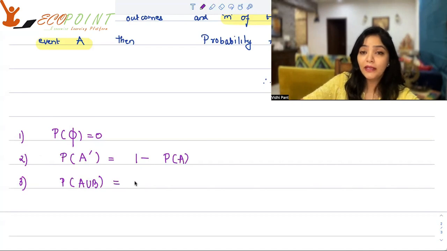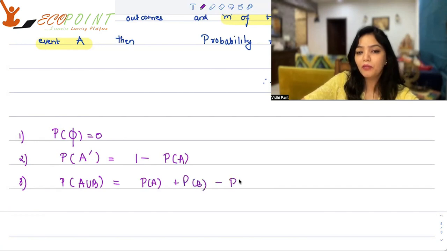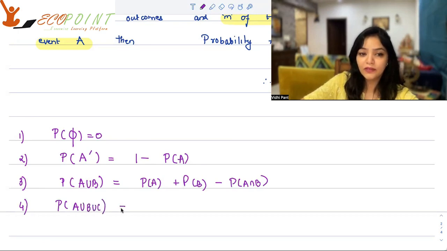Now, these sets might not be disjoint. So this will be probability A plus probability B minus probability A intersection B for any A, B, okay?